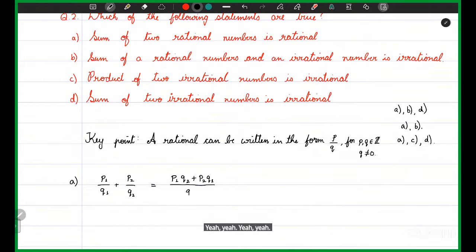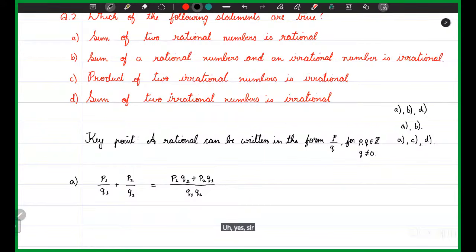Yes, sir. Now, this may not be in the most reduced form in general, but this is an expression for the sum of two rational numbers. So is the numerator an integer?